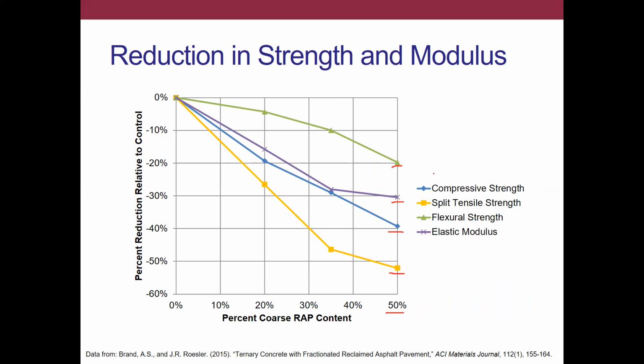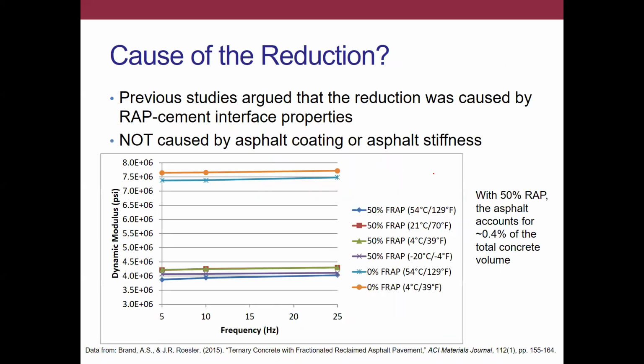So fairly significant reductions, and that's only at a 50% replacement level. So if we were to feasibly use greater proportions of this material as a replacement of our virgin aggregates, we would certainly have to find a methodology to mitigate the significant strength losses.